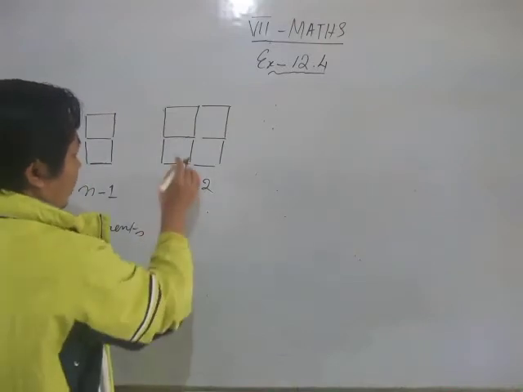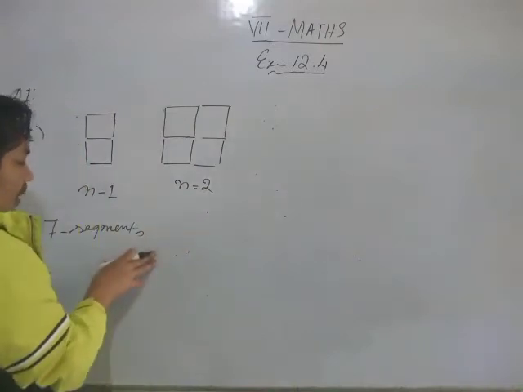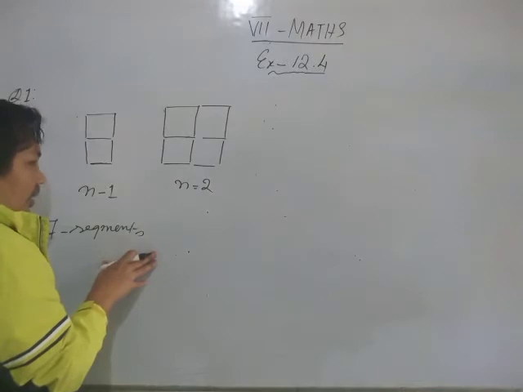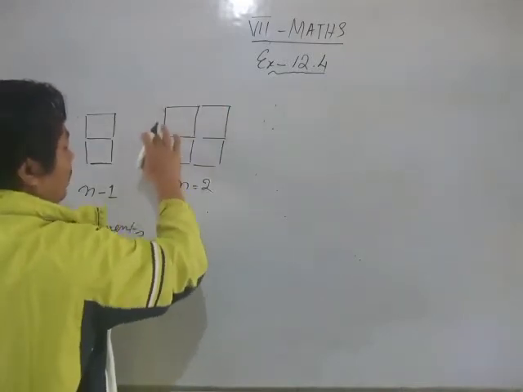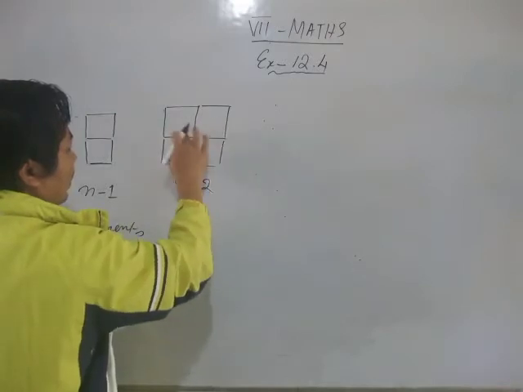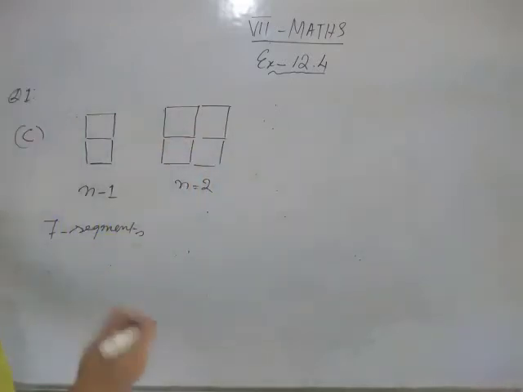With 2 patterns, will it be 14 or something else? 1, 2, 3, 4, 5, 6, 7, 8, 9, 10, 11, 12. Instead of 14, we got 12.